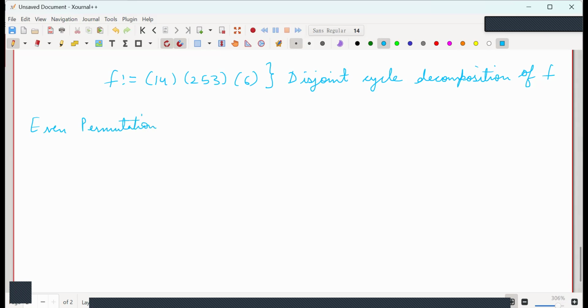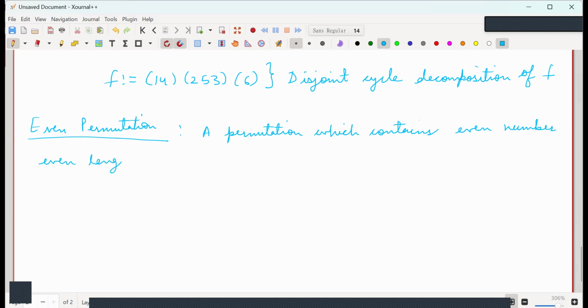Even permutation: a permutation which contains an even number of even length cycles.